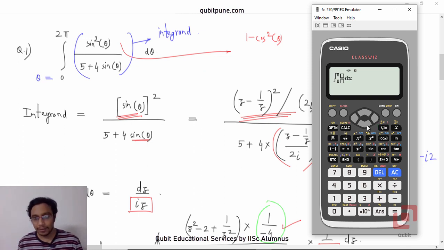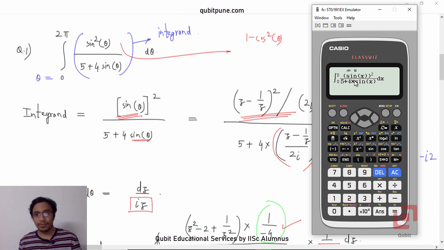Integral, let's first input the denominator, 5 plus 4 into sine of theta. Let us take x because x is the variable of integration now. Now the numerator, it is sine theta squared. So let me first take the square and inside the bracket let us write down sine x.